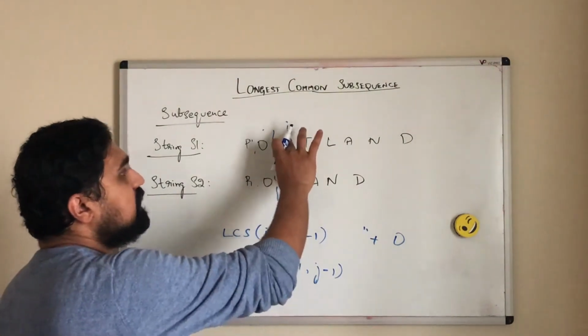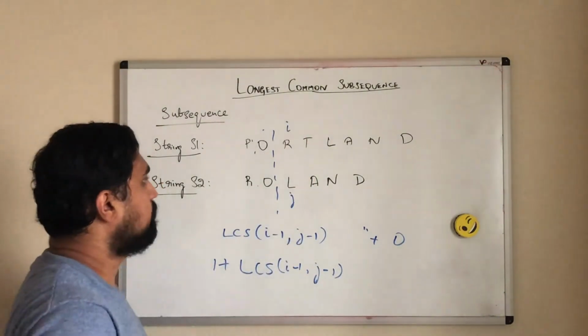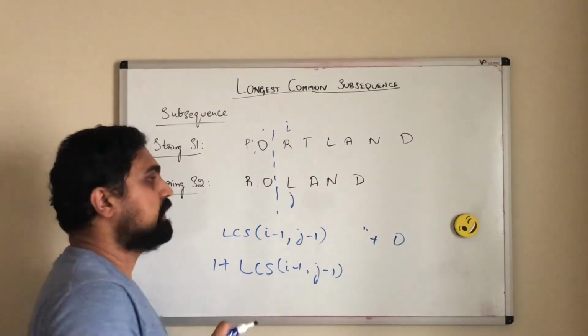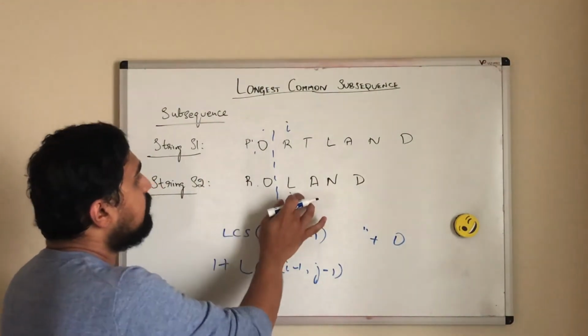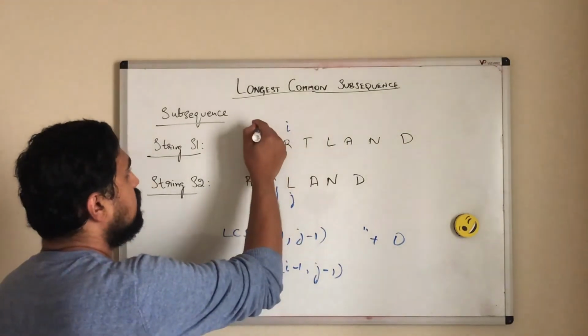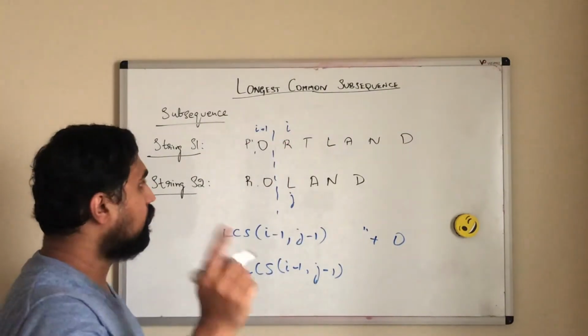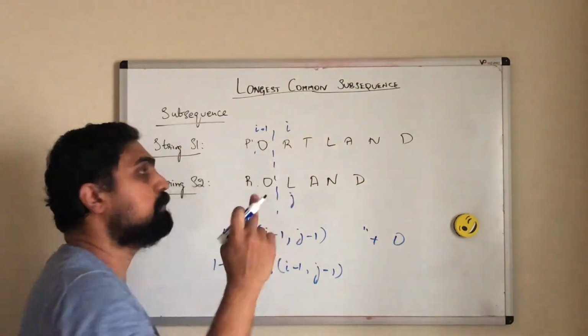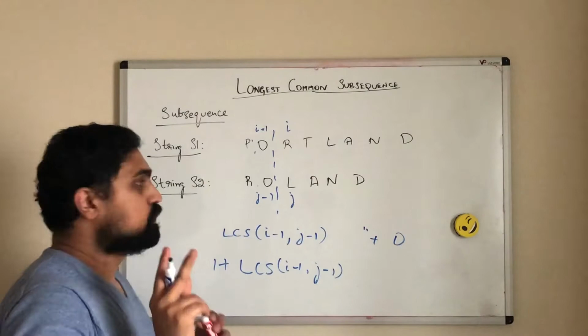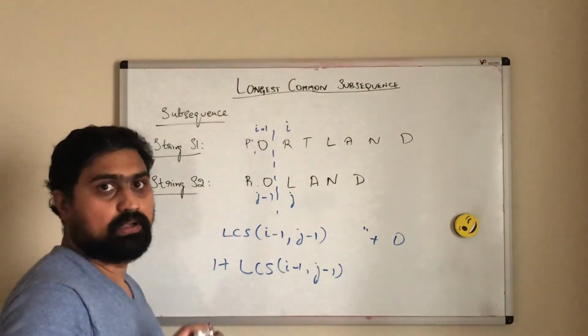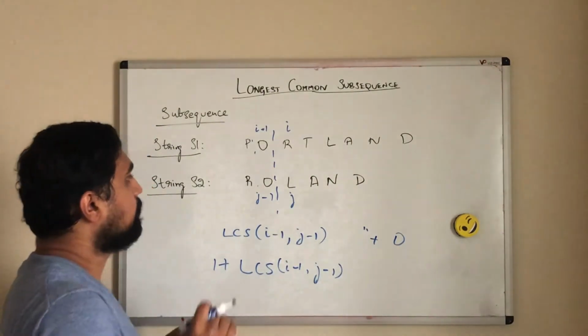So here these two characters are not a match. So what do we do in that case? There is a possibility that this character can be a match with this character here, I minus 1, or this character here can be a match with this character here, J minus 1. So we have two possible routes or two possible solutions here.